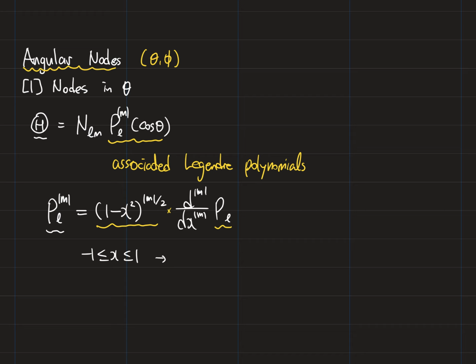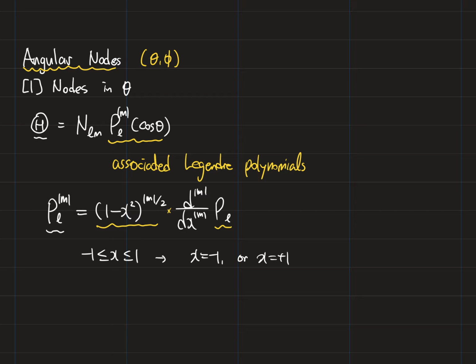The first term does not really contribute to the nodes because even though it becomes 0 at x equal -1 or x equal +1, these two points are endpoints, right?